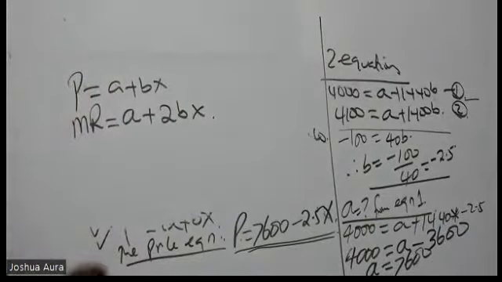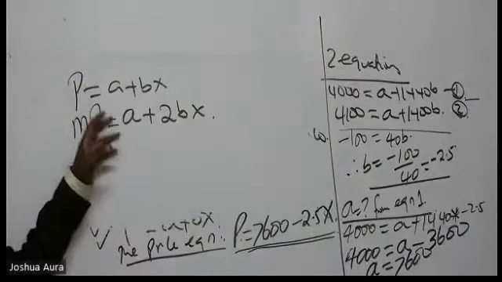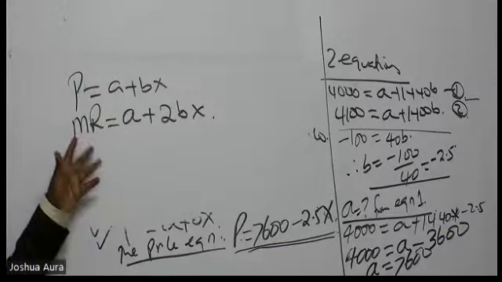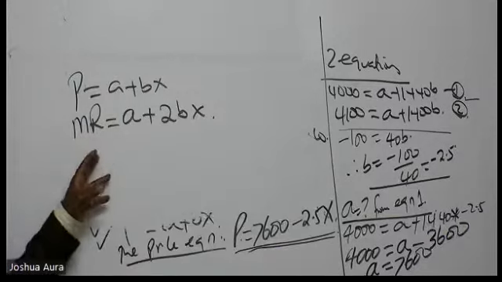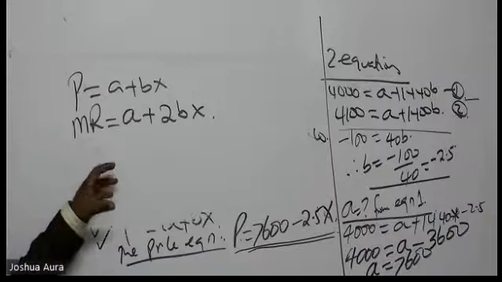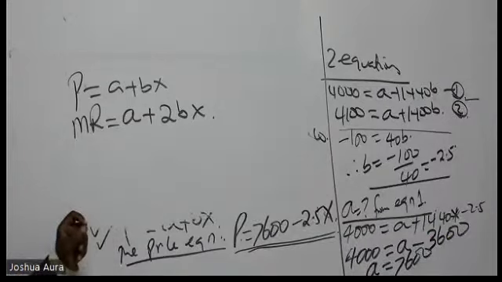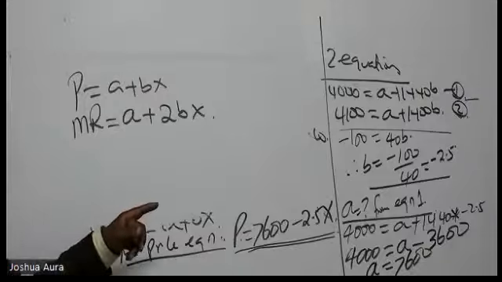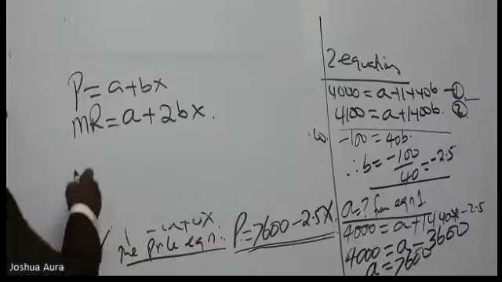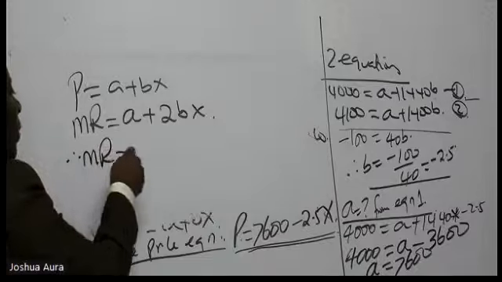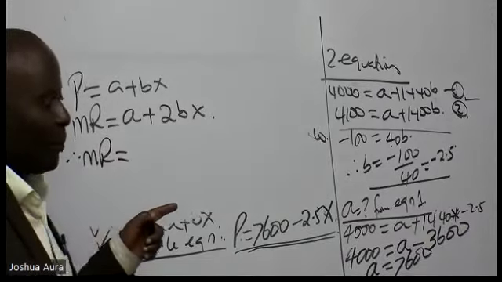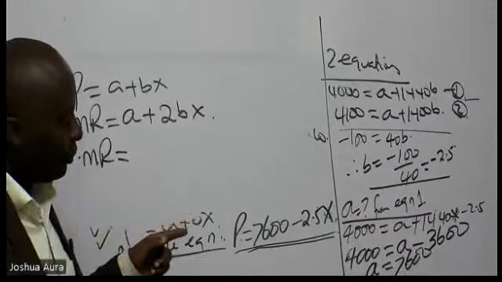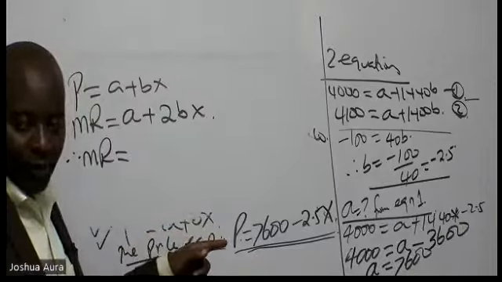In my class, I must have told you that if price is A plus BX, then always for marginal revenue you can take this shortcut where you say marginal revenue is A plus 2BX. Now listen, in this question, do we know what our A is? 7,600, isn't it?